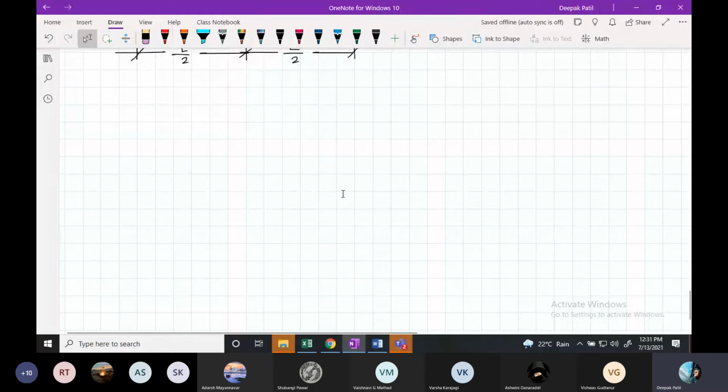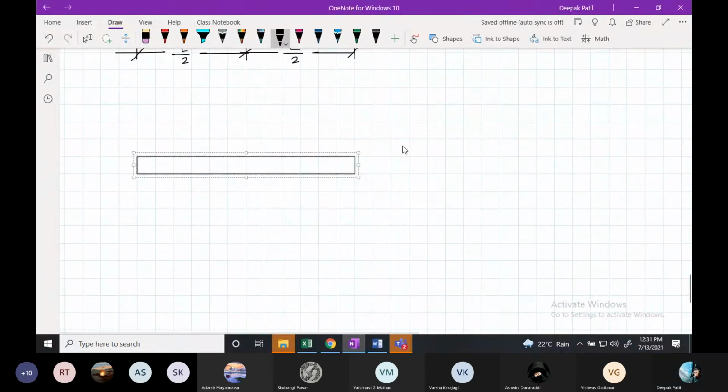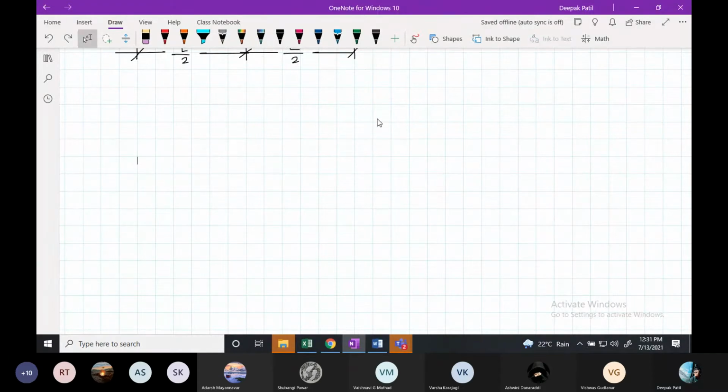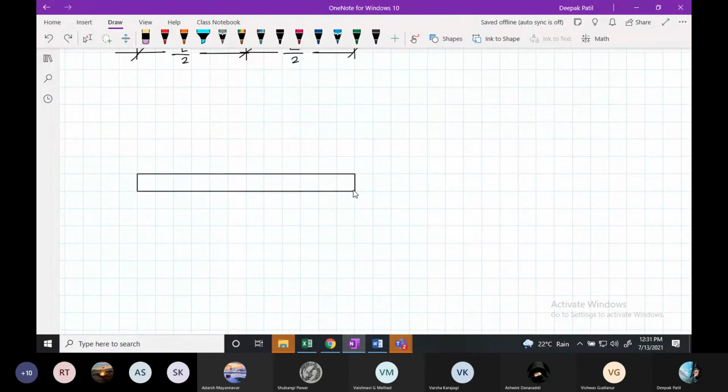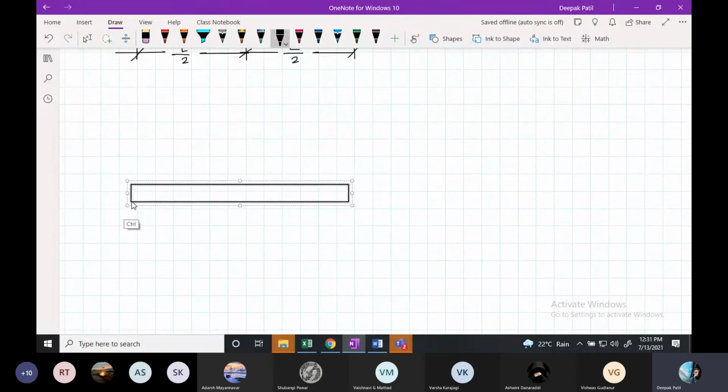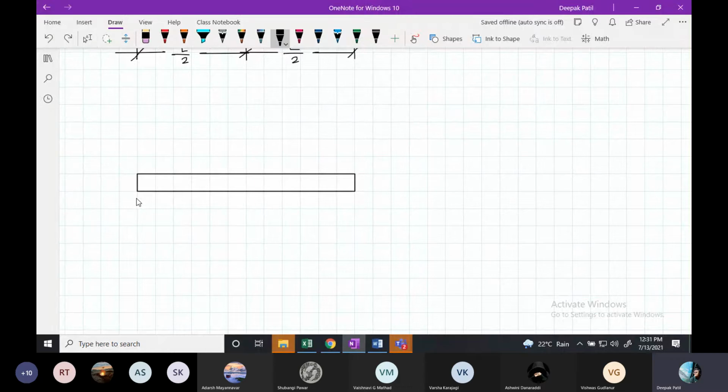Now how about converting a uniformly varying load to a point load? That is also very important. So let us take the same beam once again, a simply supported beam. That is, on one side it's a pin support and on the other side it's a roller support.